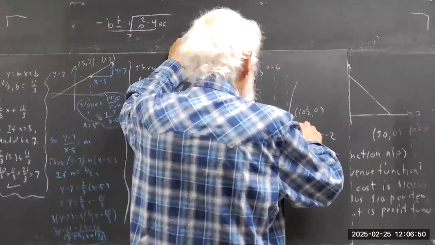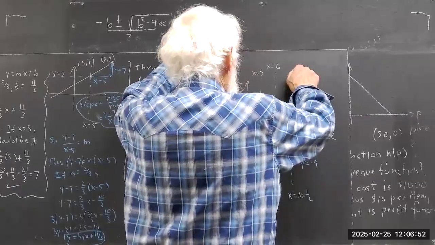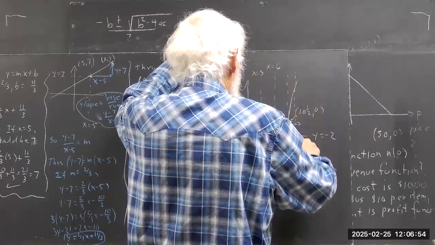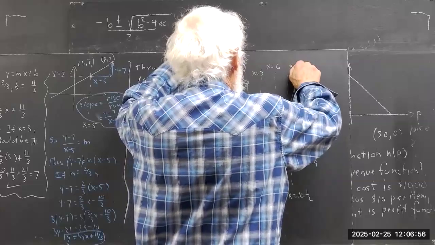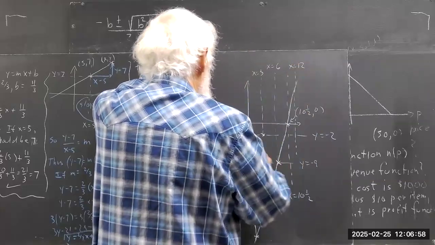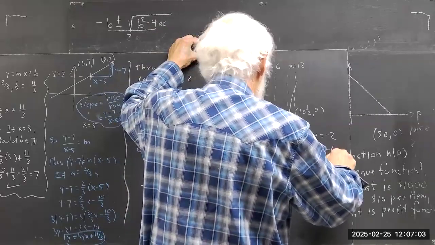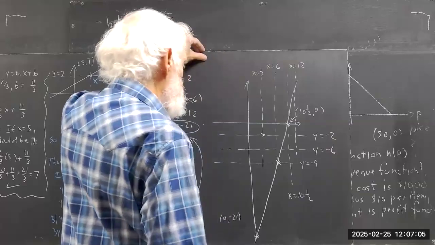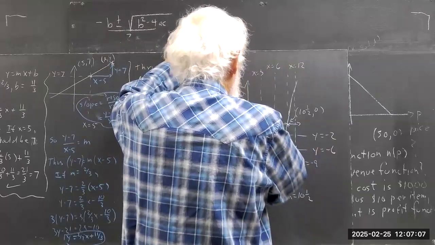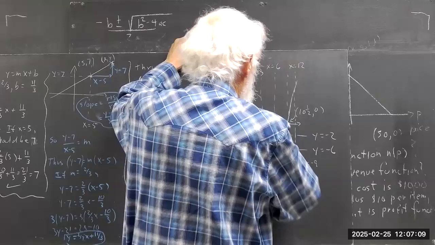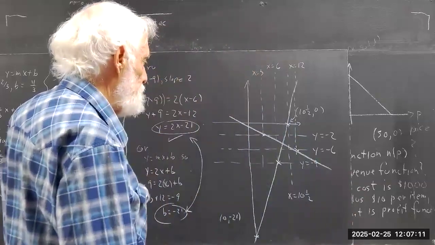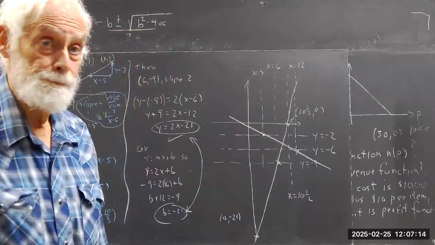Well, there's 10.5, and x is 12 about here. Y equals -6. So now we have the line. Make sense?